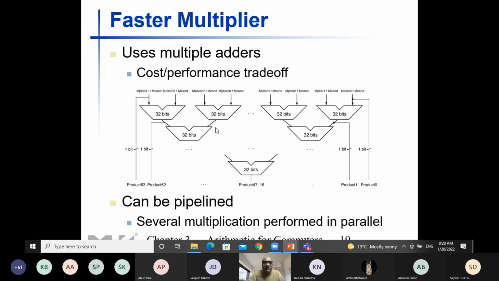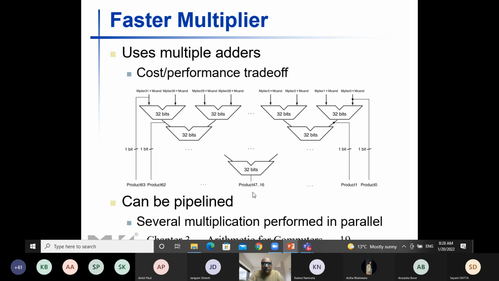In the next level, we capture the outcomes of these two and add them further, so this requires eight of them. And again, the outcome of these eight will be captured by four of them. Likewise, you arrange them in a hierarchical way and tap the outputs like this.